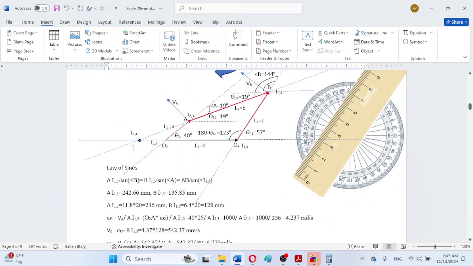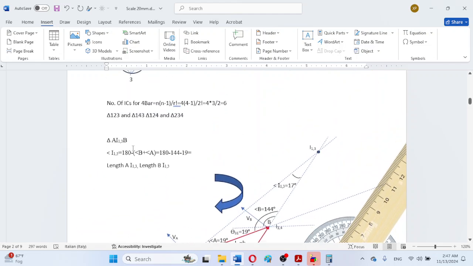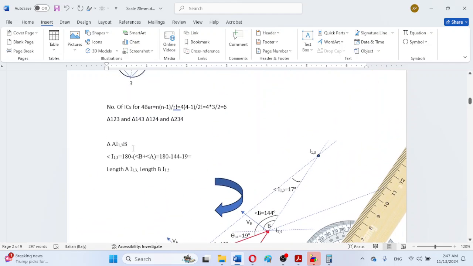So we will be determining the sides and angles in a similar manner.